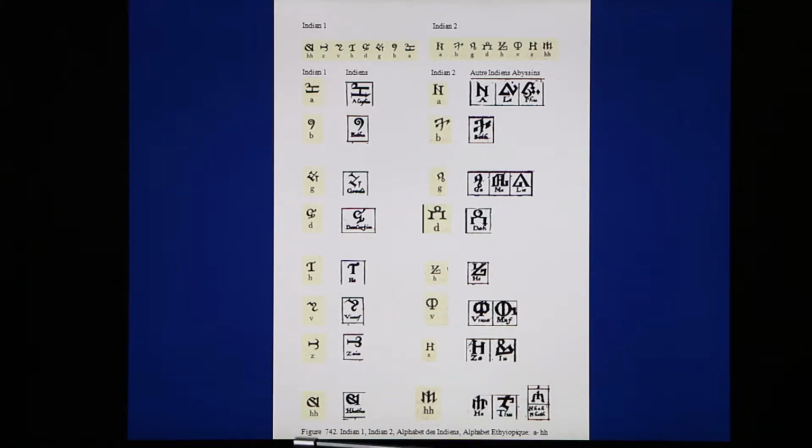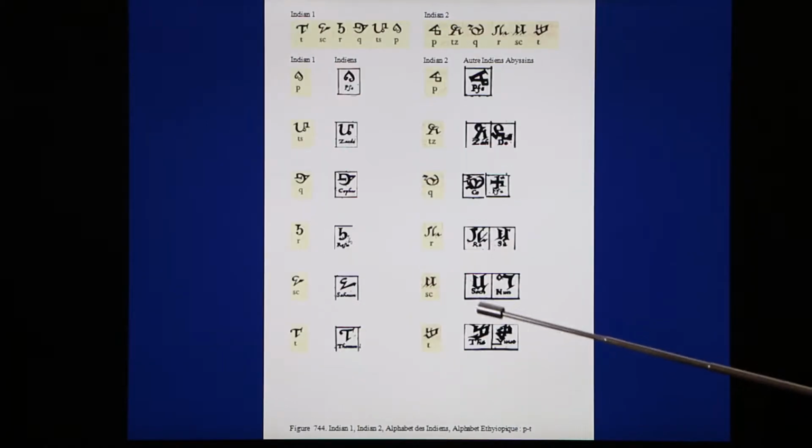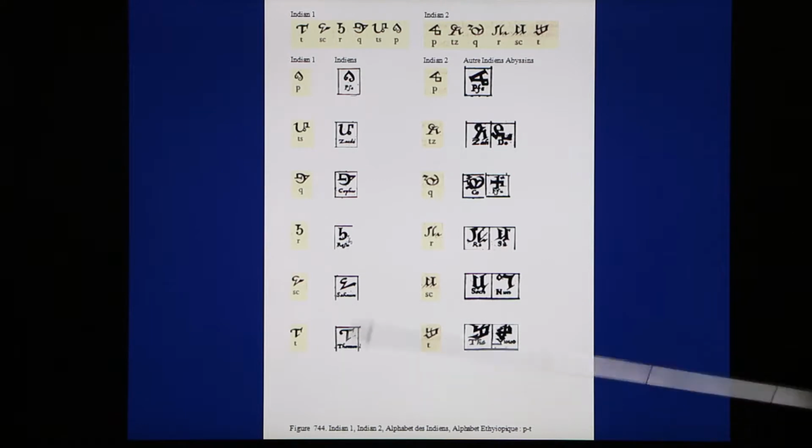Well, here I then take Indian 1 and Indian 2 and show you the parallels between them so that you can study that on your own. And the same as we go along for the rest of the letters.